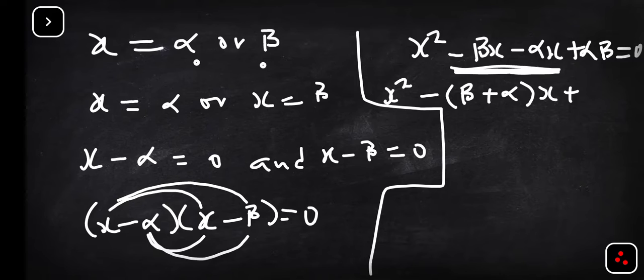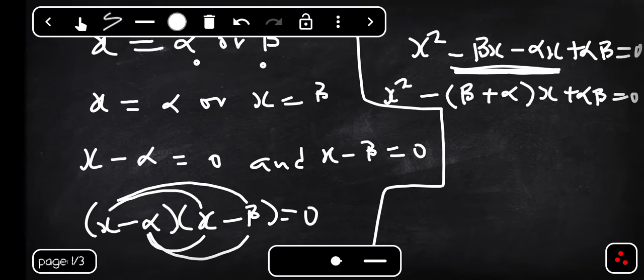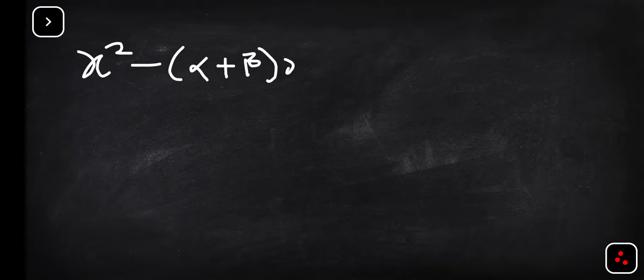And this will be plus alpha beta equal to 0. Now, if I rewrite this, I'm going to have the equation looking like this: x squared minus (alpha plus beta) x plus alpha beta equal to 0.